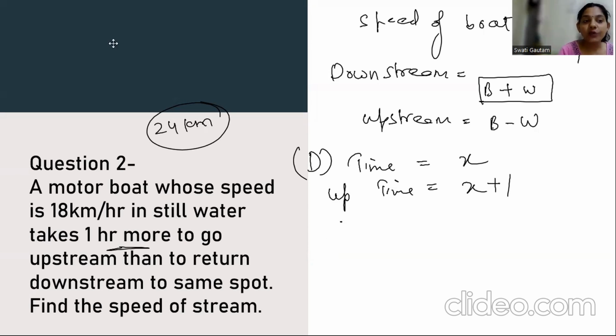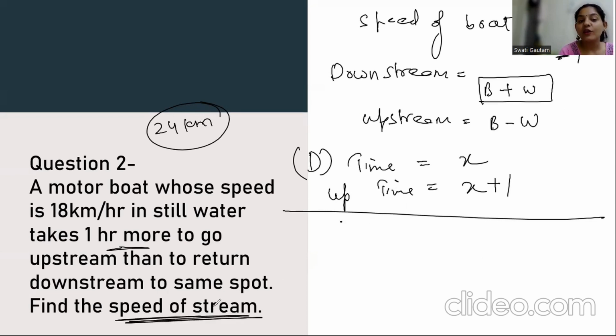Now we have the distance and we have the timing also. How will we make the equation? We have to find the speed of the water, the speed of the stream. So let the speed of the stream be x kilometers per hour, right? Now, what is the time?